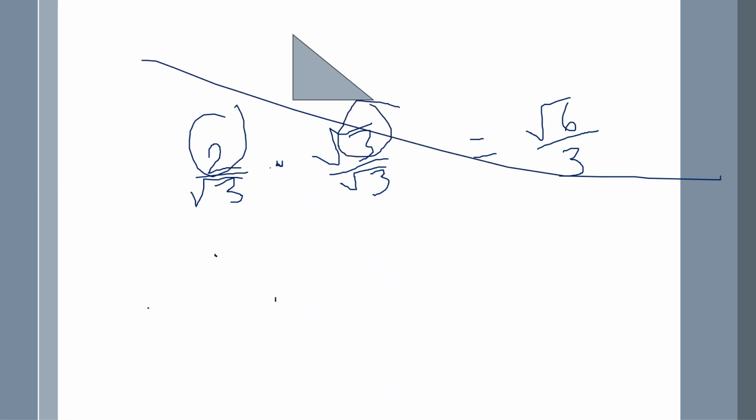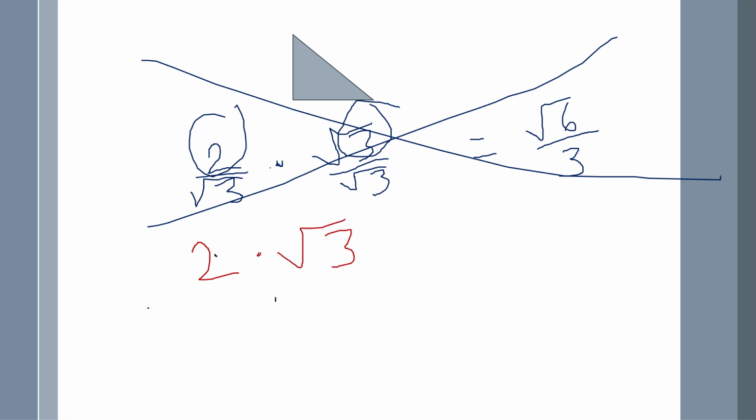This is a no, no, don't do it. It's because you cannot multiply 2 times the square root of 3 and get that. When you do, it's just going to be 2 times square root of 3.